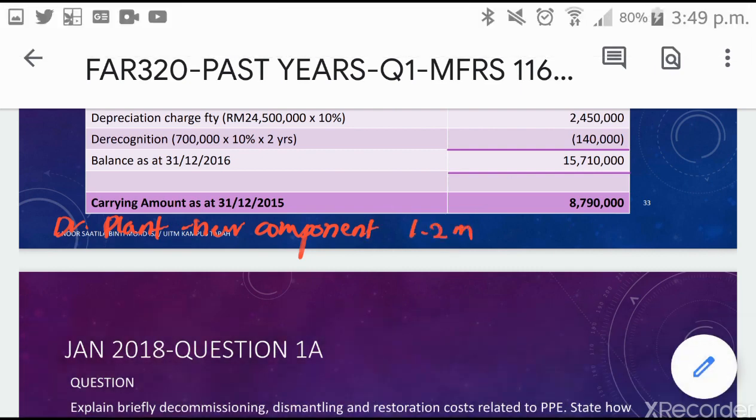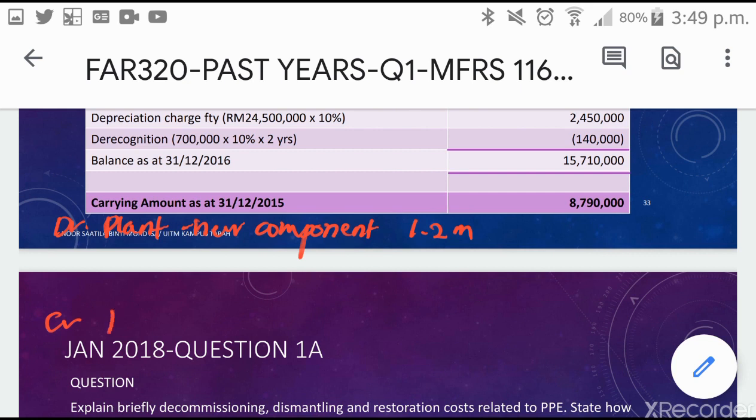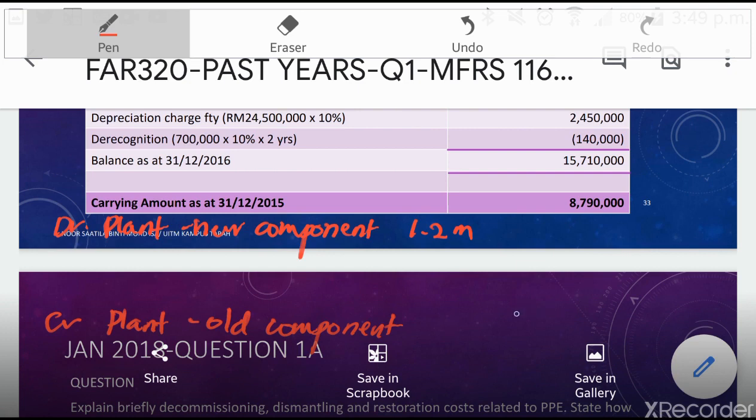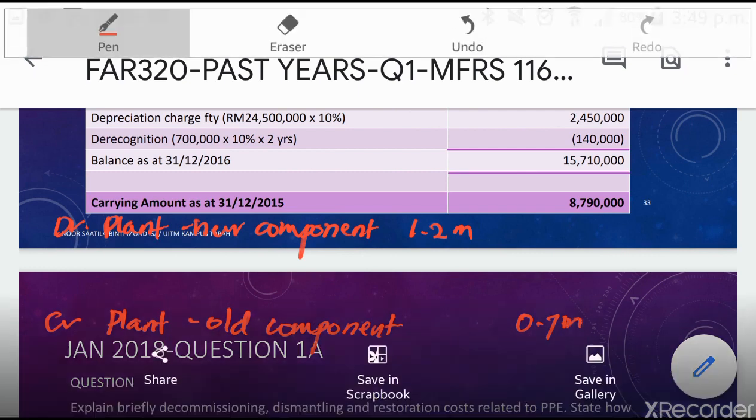So that 1.2 million will have to be debited. And that was in exchange for your old component. So the old component of that plant, to the cost of 700,000 or 0.7 million, will have to be credited.